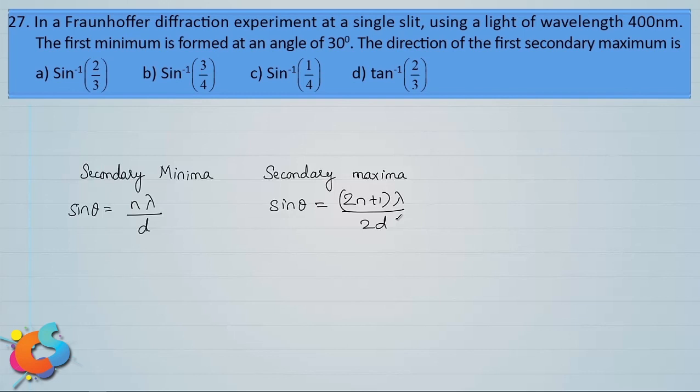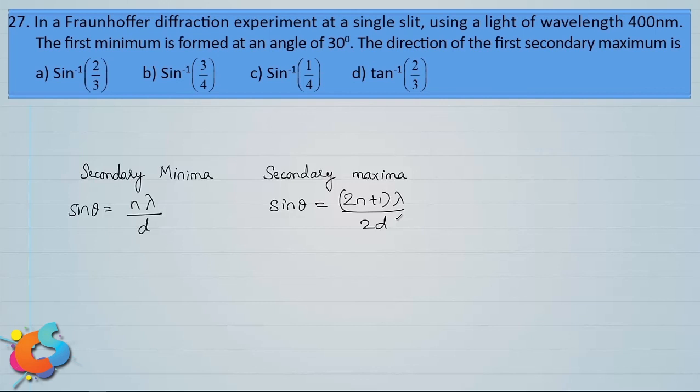Similarly, when you want to write an expression for distance of minima or maxima from the center, this angular position formula will help you. When you multiply this angular position formula with capital D, which is the distance of the screen, that gives you the formula for distance of any fringe from the center.